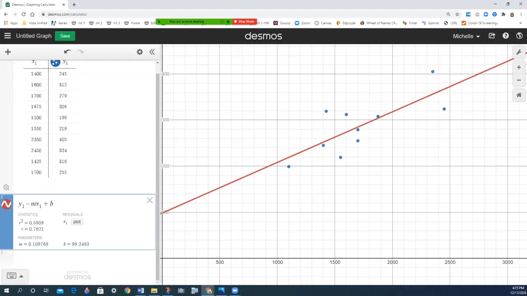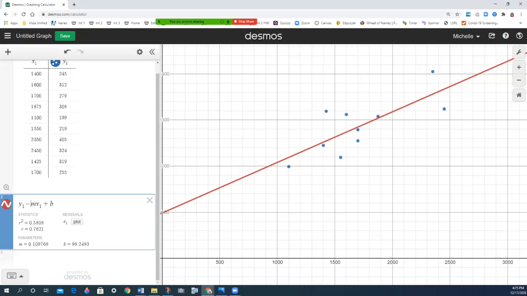So I want to use whatever my table is. In this case, my table values are X1, Y1. So I put Y1 anywhere where I would have a Y, and X1 anywhere I'd have an X. And then again, this symbol here is what I use if I wanted to come up with a regression. And then you can see here is my line.